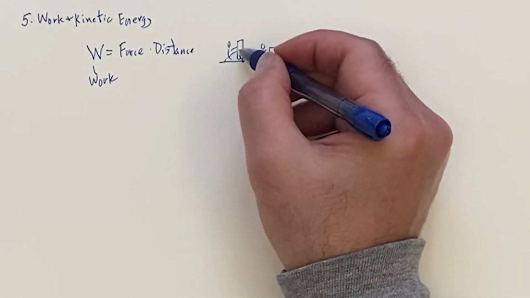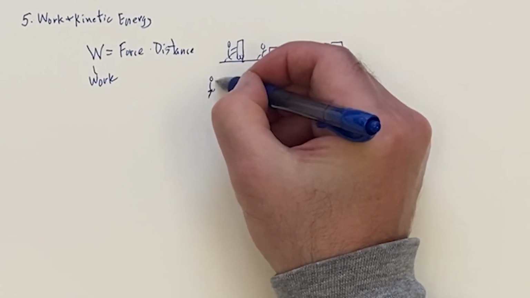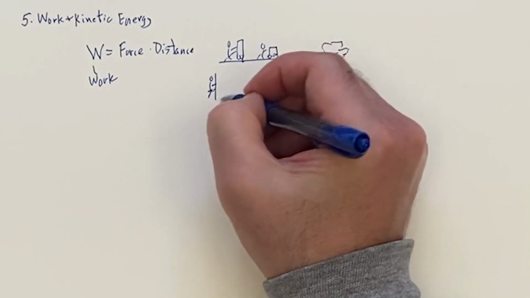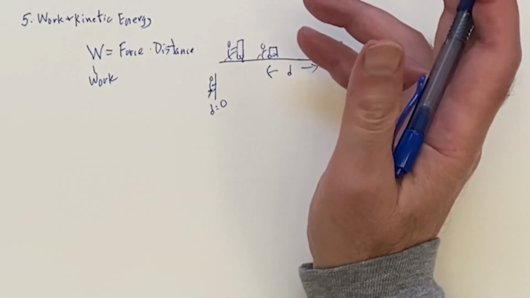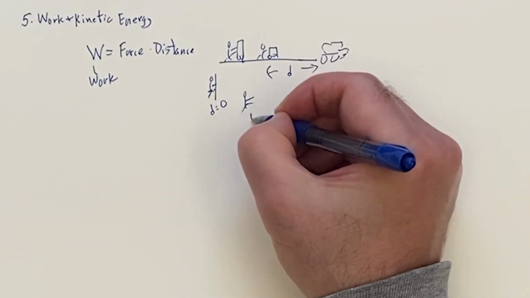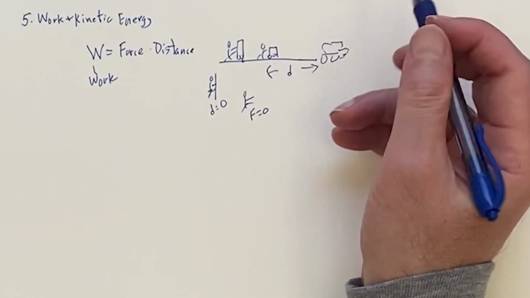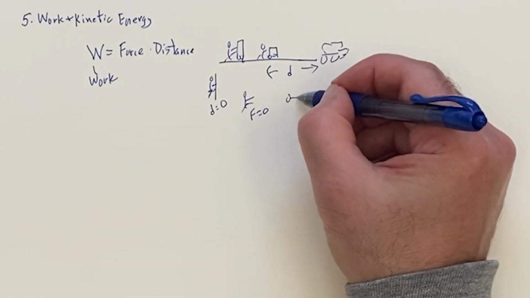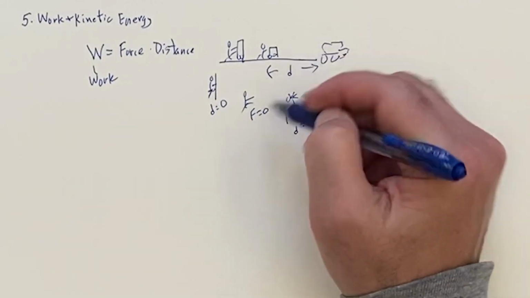And say, for example, someone is up against a wall pushing. Then since D is equal to 0, you get no pay. You're wasting your time. Or suppose you're walking around like a zombie where the force is equal to 0, then force times distance is 0. Or say you're lying down on the job, then F is equal to 0, D is equal to 0, it's still 0.